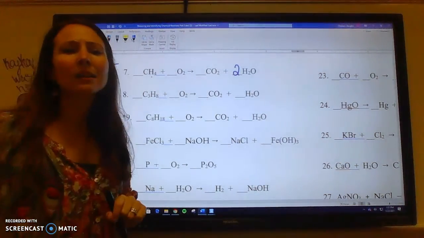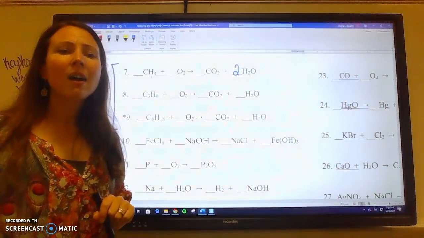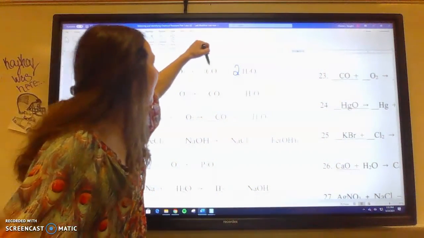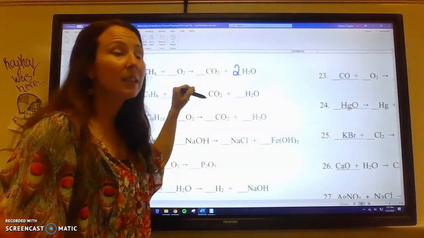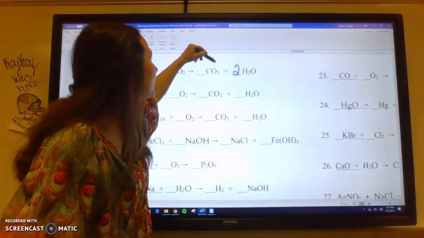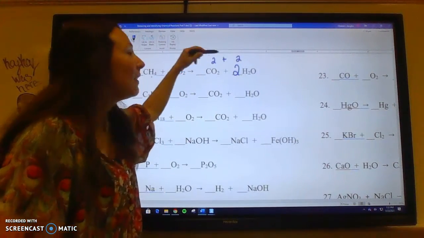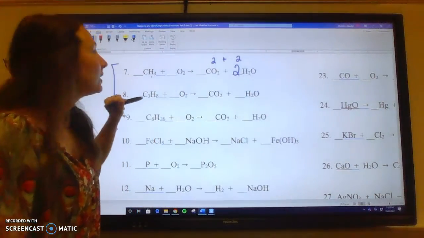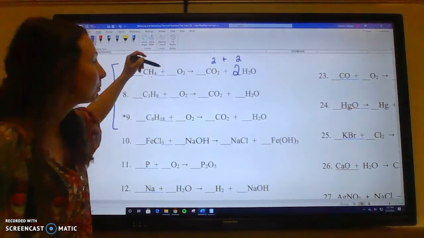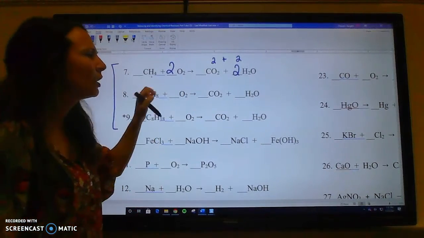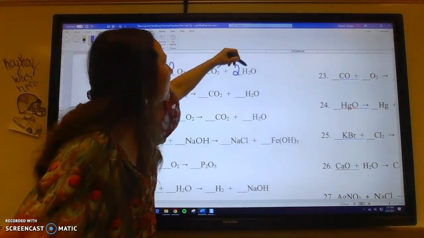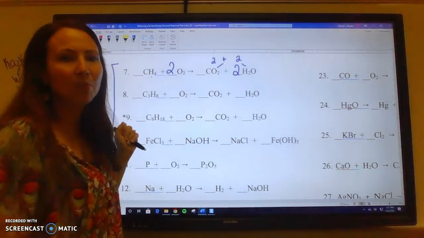Then I look at my oxygen. I need to notice that I have oxygens in both places. Here I have 2 oxygens plus 2 more, so I have to take the total. That's 4 oxygens here. So I'm going to need a 2 in this blank to balance out my O's. The only tricky thing is knowing that you have to combine these because they're both in the products.